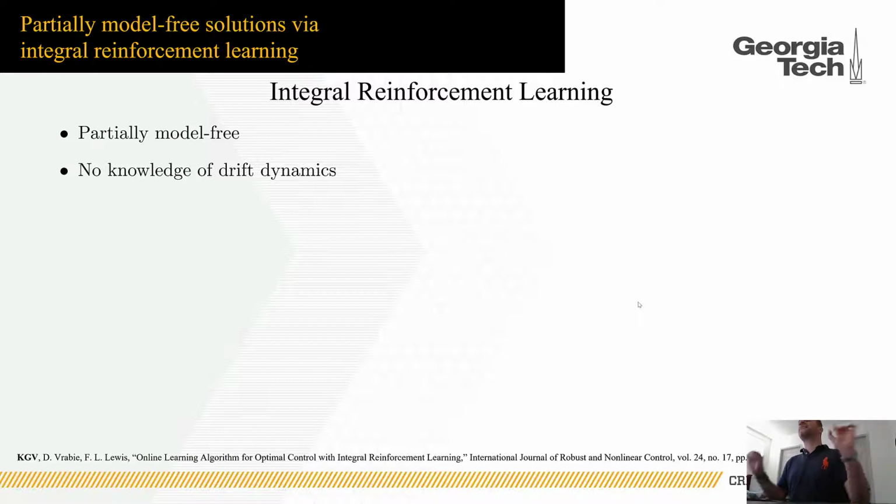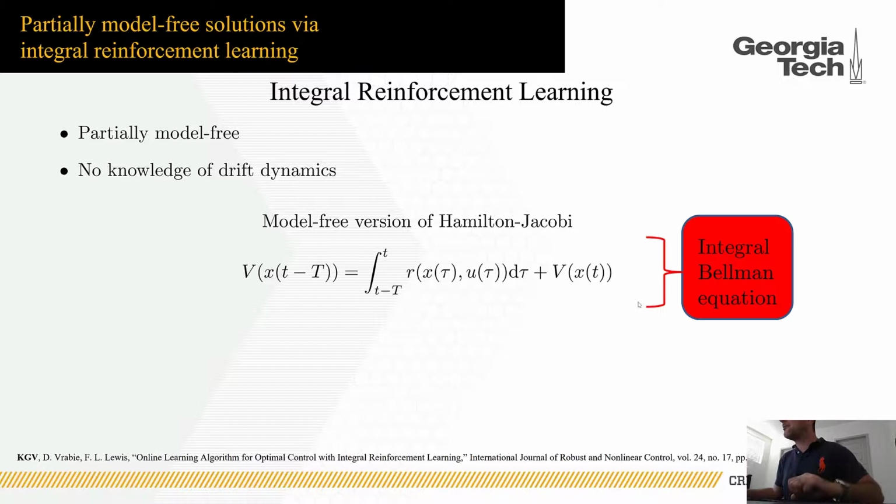In other words, I can solve my optimal control problem forward in time online without requiring fx, or I can solve my Riccati equation forward in time without requiring matrix A. As I said, this is a model-free version of the Hamilton-Jacobi equation, or some people call it the integral Bellman equation, okay?